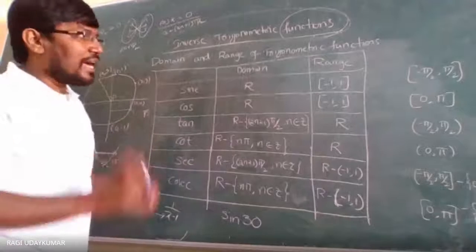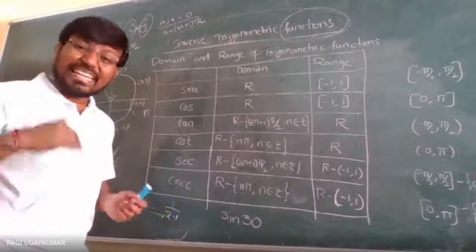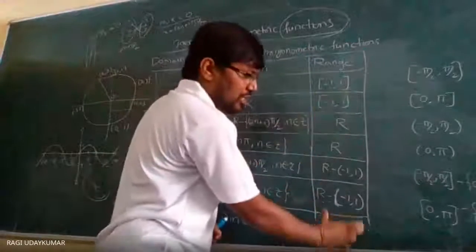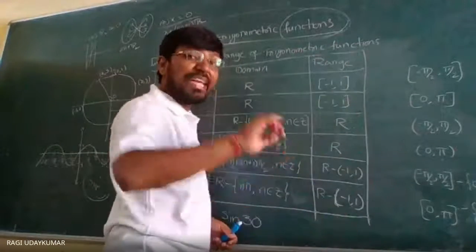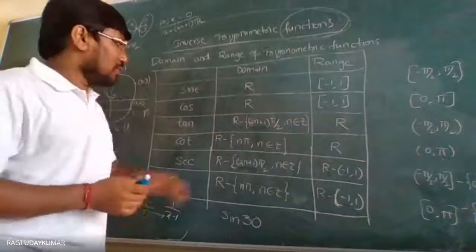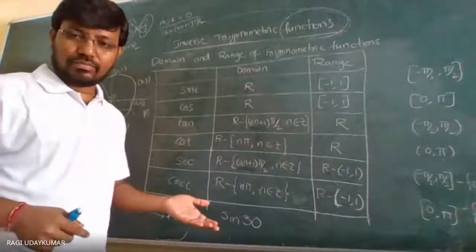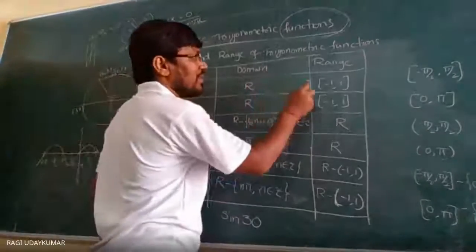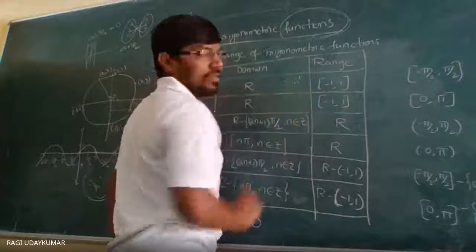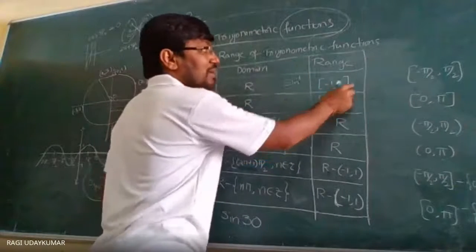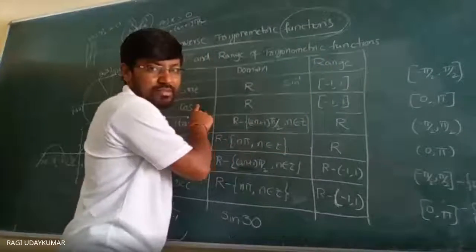So that's why we are going to restrict these; all these will become the domains for the inverse trigonometric functions. Sine inverse is represented by the sine inverse function, and the domain of this sine inverse function becomes the range of the sine function.